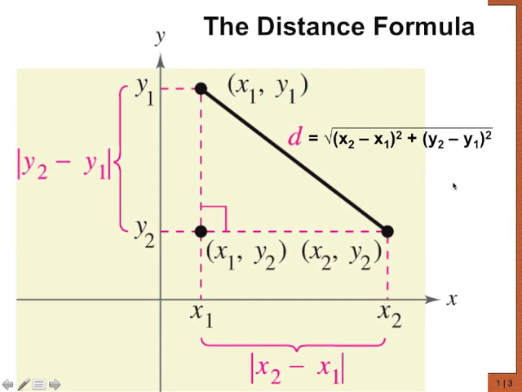Since the Pythagorean theorem says that hypotenuse squared equals one leg squared plus the other leg squared, or c squared equals a squared plus b squared, this is simply a way of rewriting and rearranging that. So the distance formula comes directly from the Pythagorean theorem.